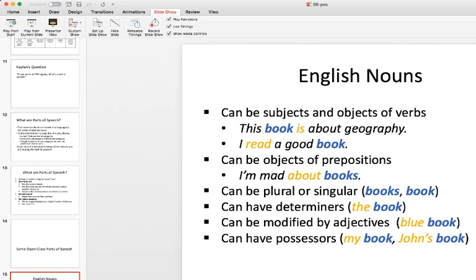That's because information is a special kind of noun called a mass noun. But they can have determiners like the and a. They can be modified by adjectives. And they can have possessors. So you can say my book, John's book. All of those are true of all nouns except for the plurality thing.